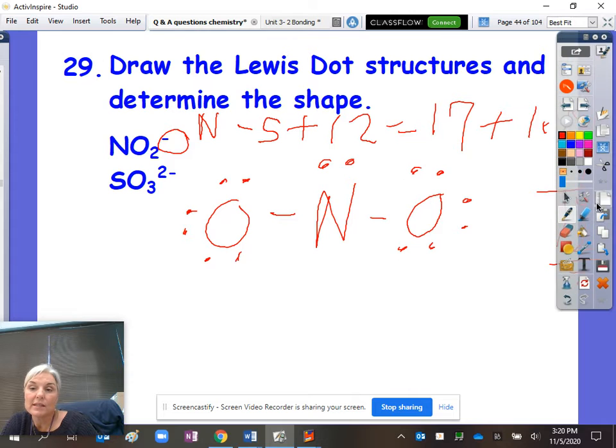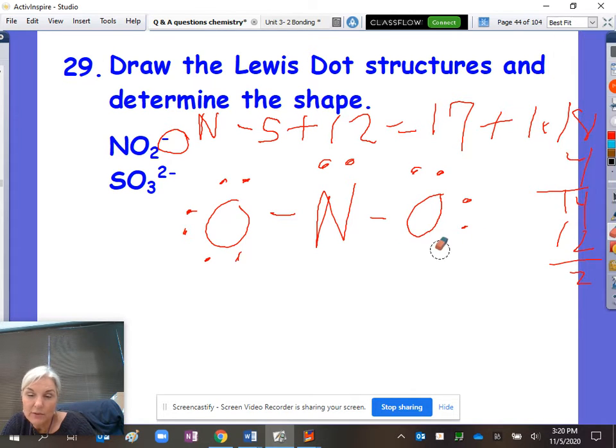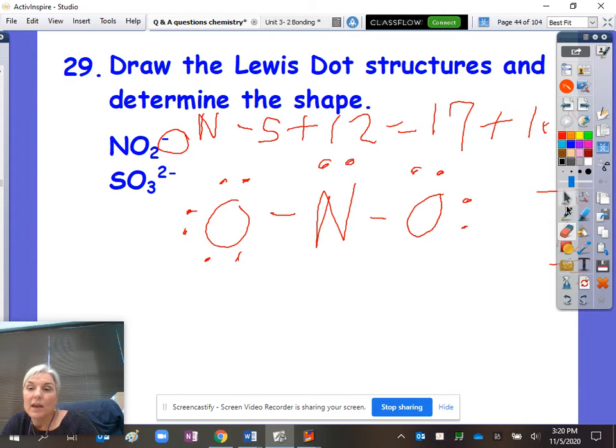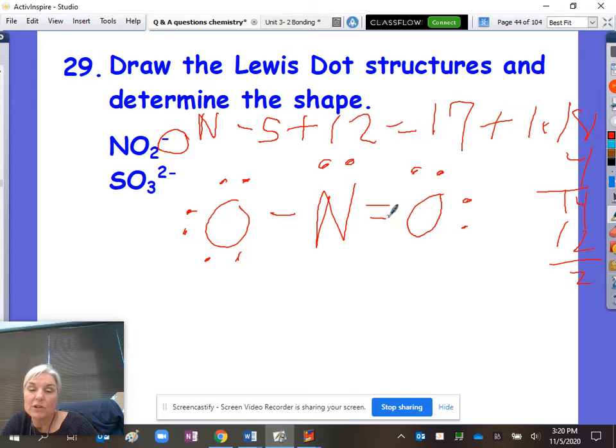So we're going to erase the outside 2 of these right here, and then we're going to make that into a bond. So as you can see, we got 2, 4, 6, 8 for nitrogen now, 2, 4, 6, 8 for this oxygen, 2, 4, 6, 8 for this oxygen. But as you can see, because we have 2 of the same element on both sides, I can also make a double bond on this side.